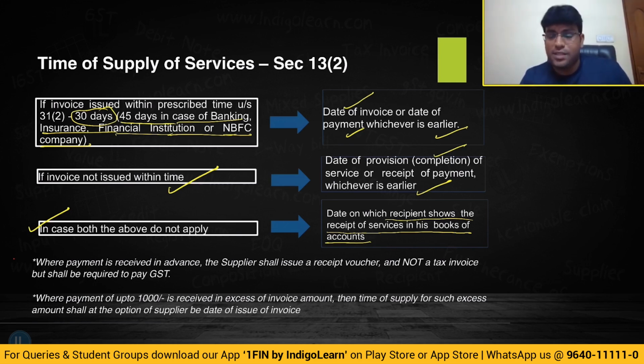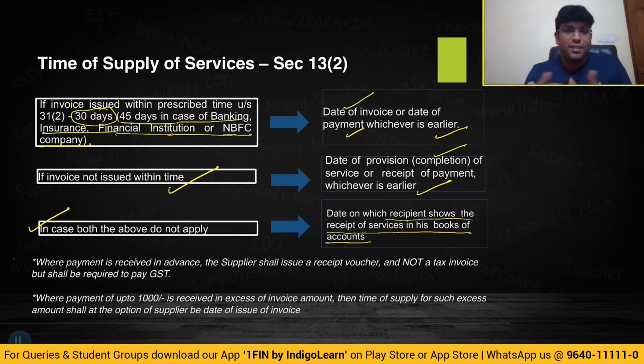There's a question from a student asking about continuous supply. I'll talk about it. We already discussed continuous supply of goods; we'll talk about continuous supply of services. A student is asking, can you give an example of a similar business where they don't give invoice? That generally doesn't happen. Generally everybody gives invoice.